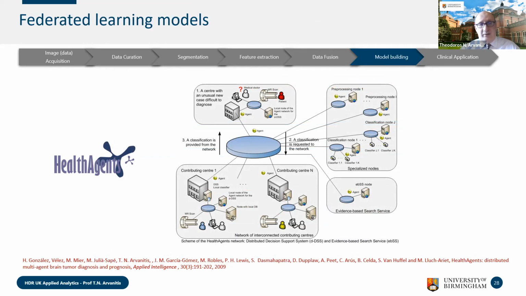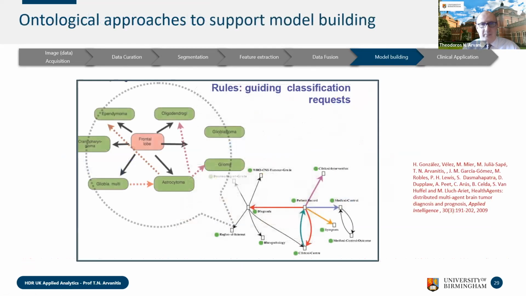And at the time, we developed an agent-based approach of being able to classify these tumors for diagnostic purposes in particular, but also for prognostic purposes through the network in different contributing centers without the data leaving the centers.